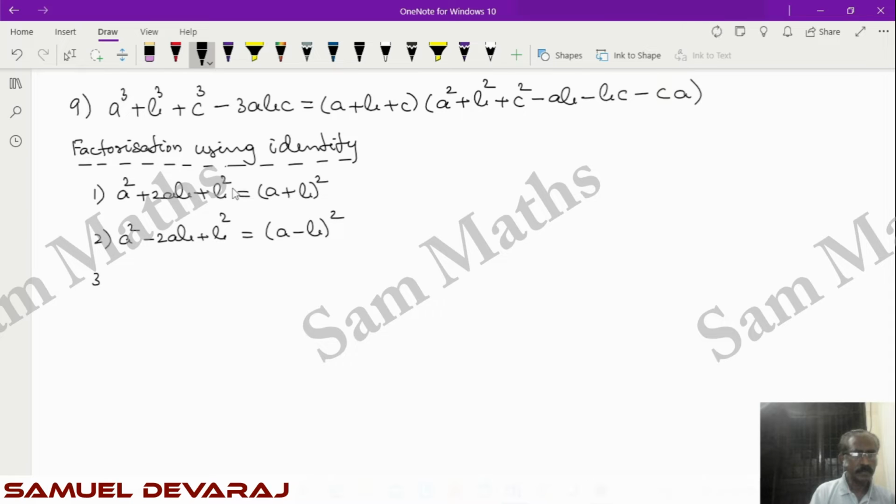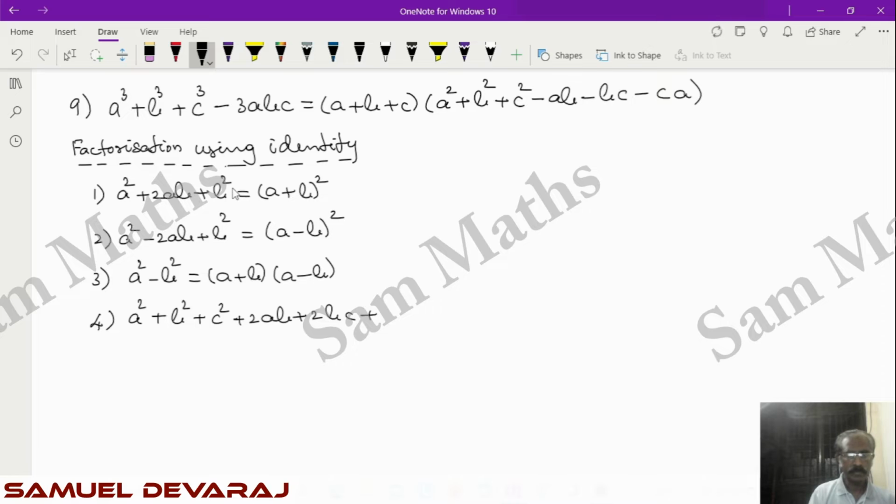Third one, if it is a² − b², it equals (a + b)(a − b). Fourth one, if it is a² + b² + c² + 2ab + 2bc + 2ca, it equals (a + b + c)².